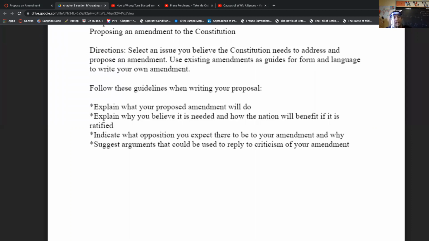1893, renaming the nation the United States of the Earth. What? You like that idea? It has a ring to it. Oh, I don't know about that one. United States of the Earth. 1893, abolishing the United States Army and Navy.